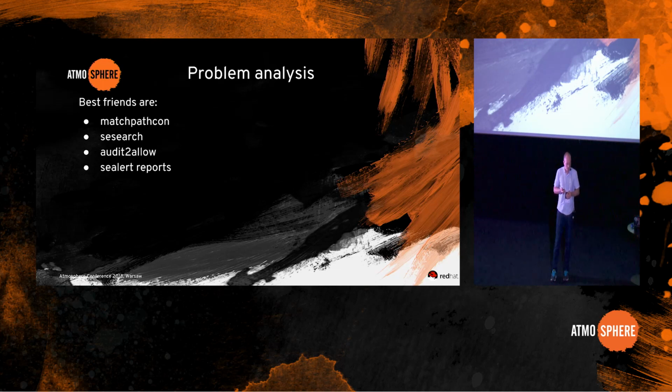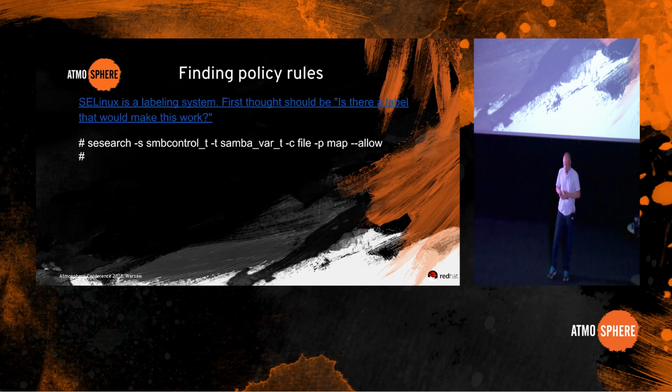So, part of the problem analysis, as Dan Walsh likes to say, is that SELinux is a labeling problem, and we should ask: the access was denied, is there a label which will make it possible? In this case, you can see there is a command line for sesearch.